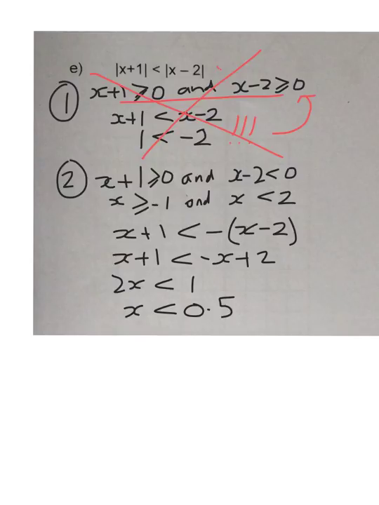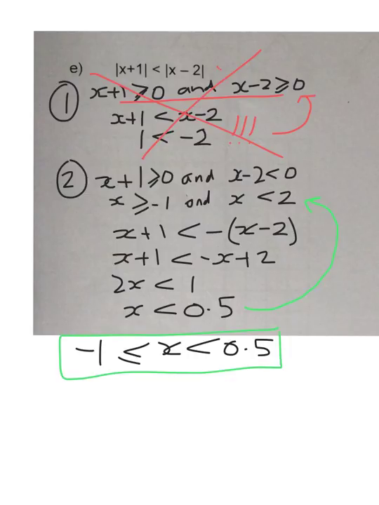So if x is less than 0.5, and we also have to remember that x is greater than or equal to negative 1 and less than 2, if we combine those facts together, we get from option 2 that x has to be less than 0.5 and greater than or equal to negative 1. And if it's like that, that will satisfy all of these conditions. Okay, so that's option 2 done.